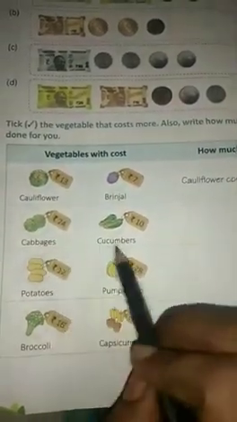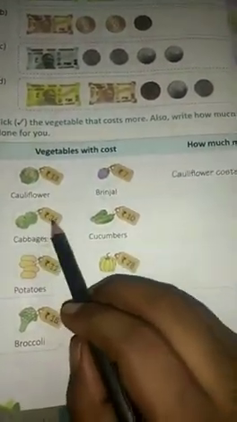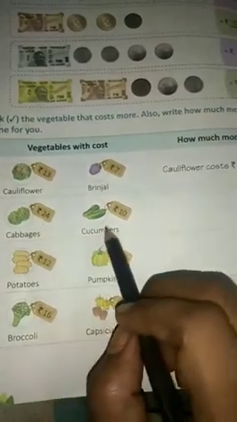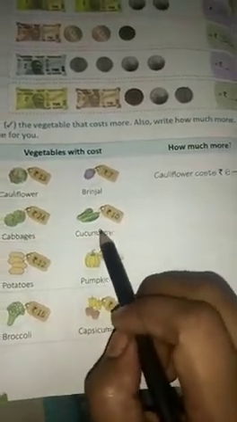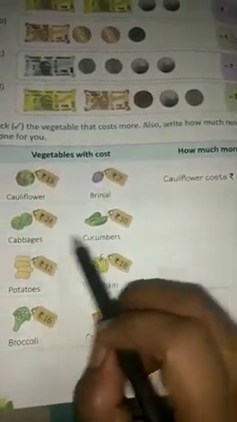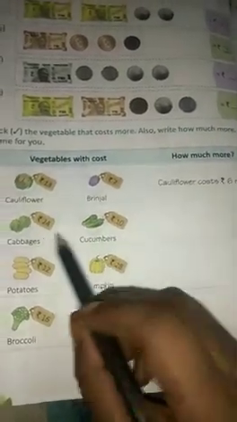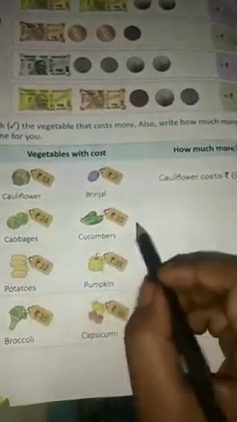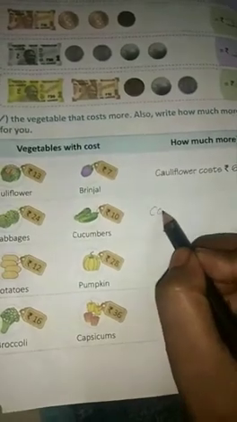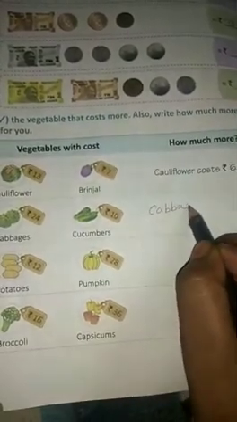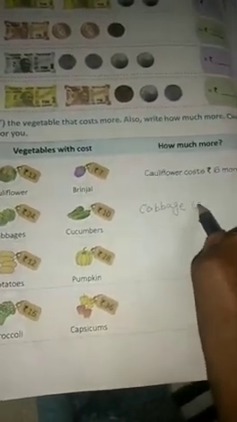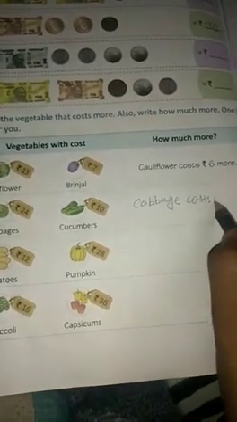Likewise, here cabbage and cucumbers. Cabbage price is rupees 24 and cucumber price is rupees 10. Then which vegetable costs more? Cabbage. So write it here: cabbage costs rupees.